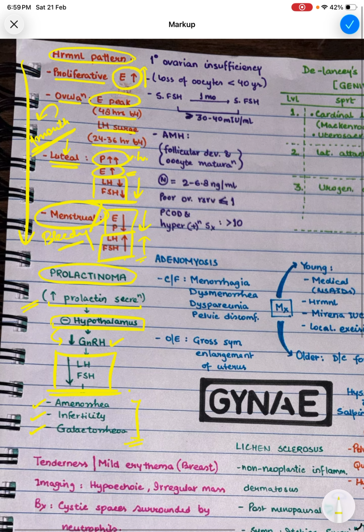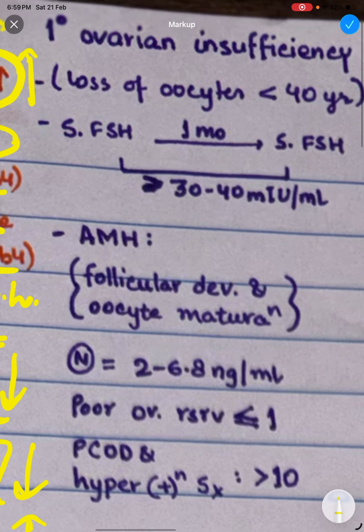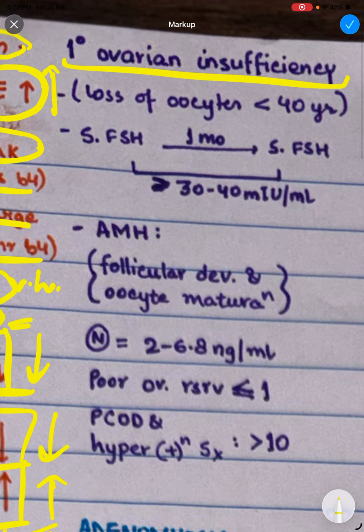The next condition we'll be talking about is primary ovarian insufficiency. In primary ovarian insufficiency, there's loss of oocytes even before 40 years of age.